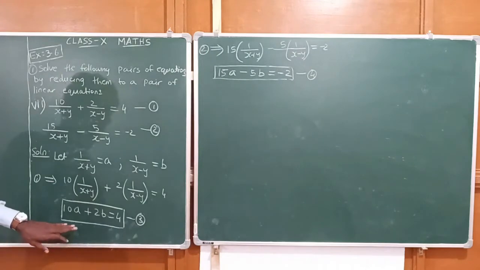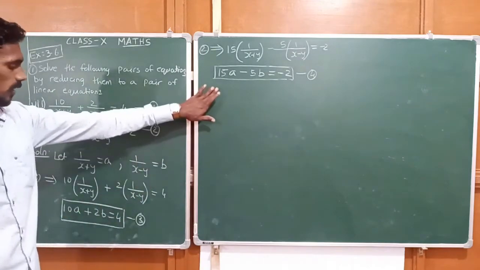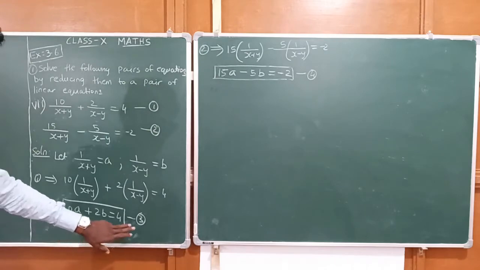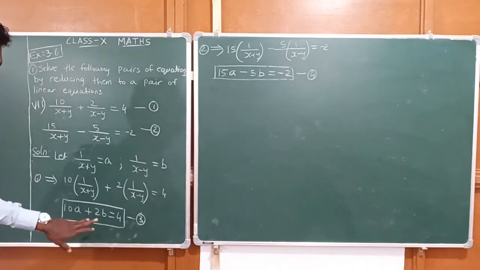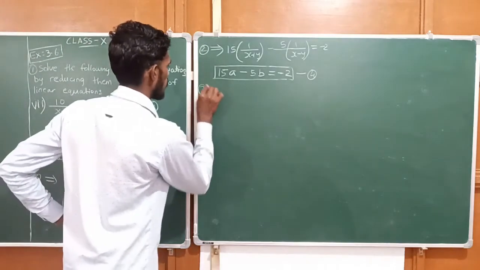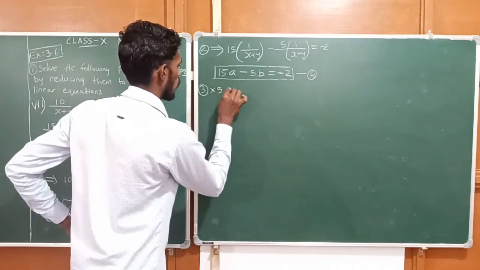Now look at the equations 3 and 4. By elimination method, I am going to multiply equation 3 by 5, multiplying equation 3 by 5 on both the sides.